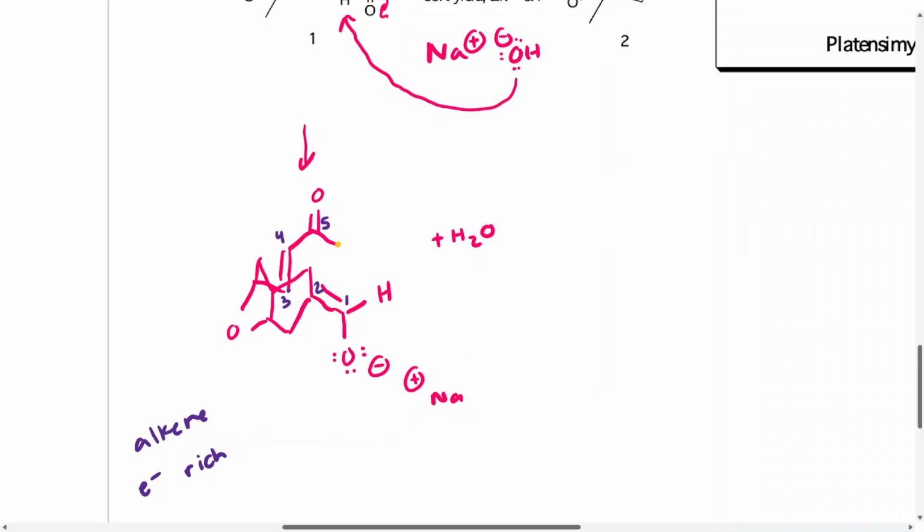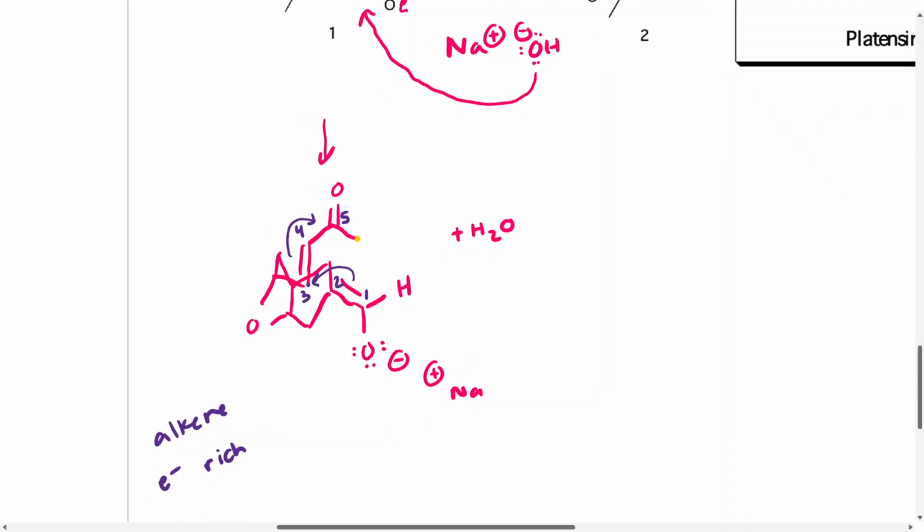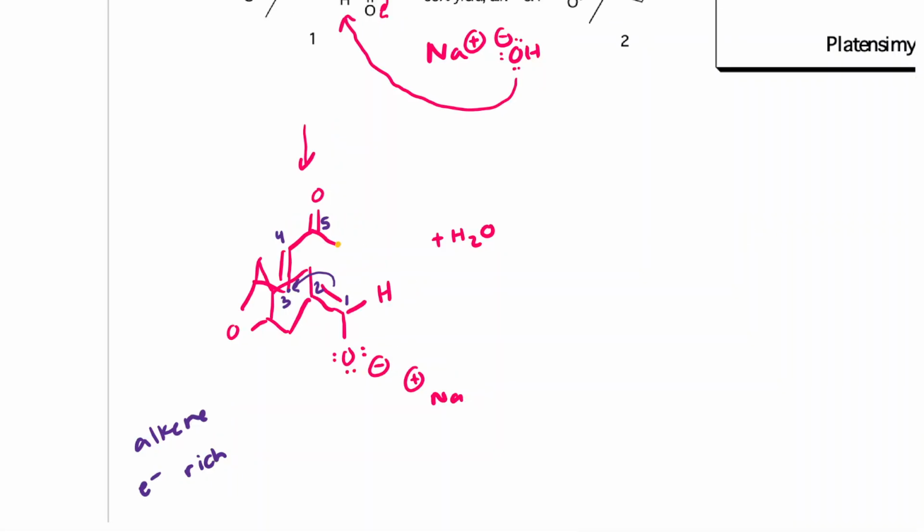So when the alkene attacks this third carbon, it pushes the electrons up here, which then pushes these electrons up here, which then pushes that up here and forms some sort of enolate.